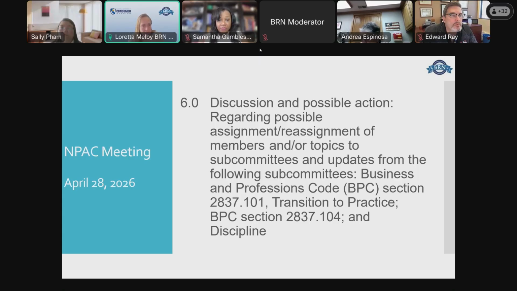Whether or not the legislative process will write that in and have those removed is yet to be seen. But if those are removed statutorily, then we will not be able to require them in a regulatory form. So we will wait and see how that goes through the process and see if some things change by November. But if it doesn't change by November, then everything will stay status quo.